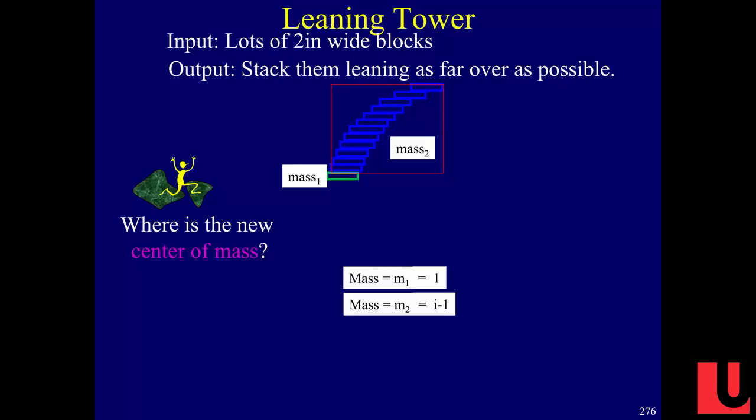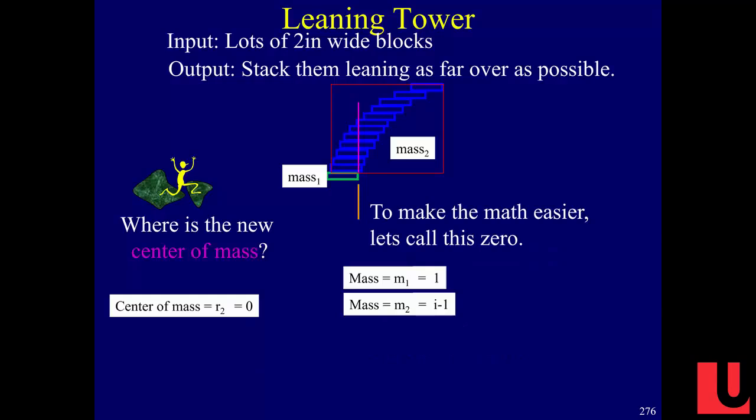Now let's figure out where our center of mass is. We know the center of mass of the blue block is right there. We can set our 0 measure anywhere we want, so just to make the math easy, let's call the center of mass of the blue 0.